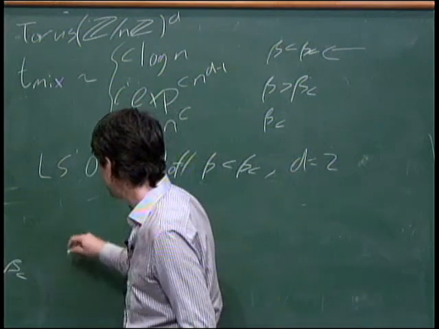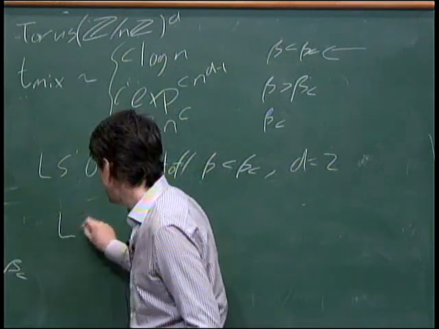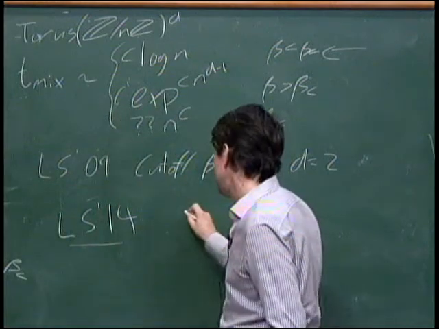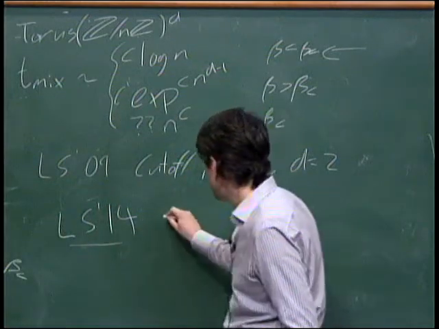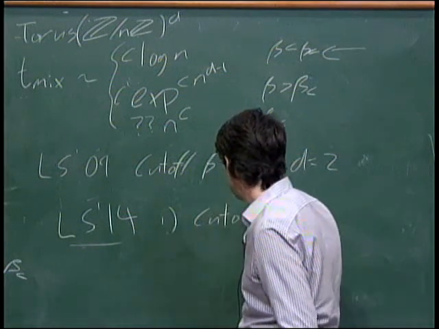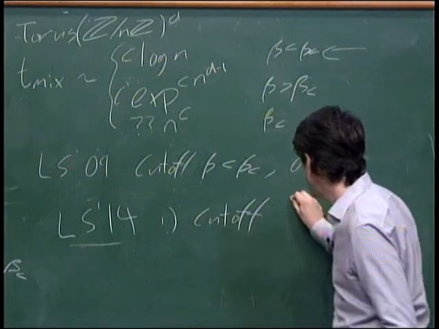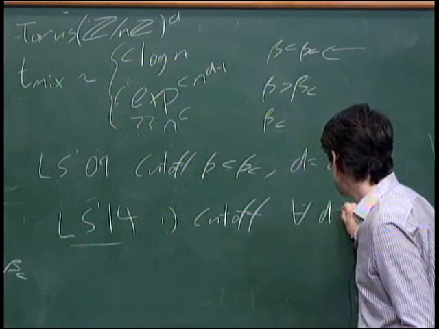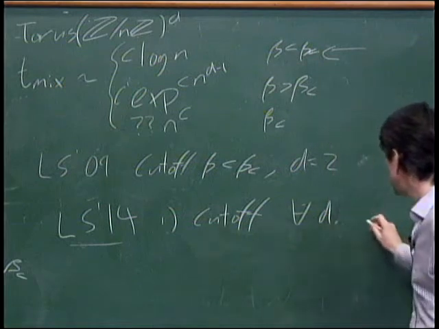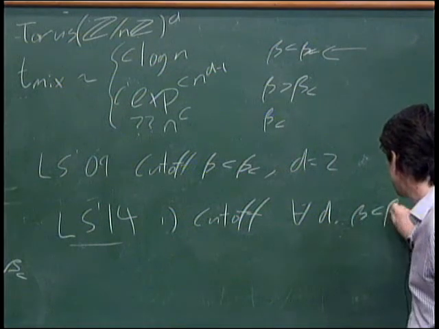But so today's results, which is from earlier this year, is that first of all, we have cutoff for all d, when beta is less than beta c.